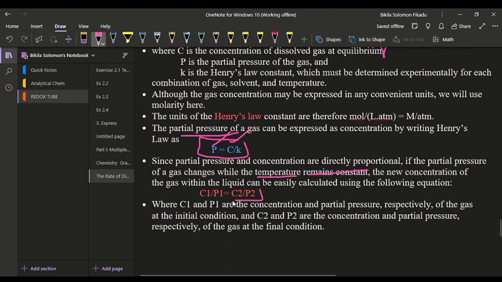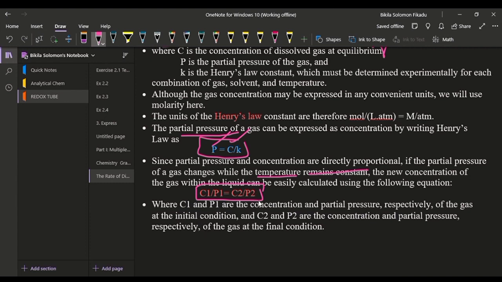That means this formula kana ta'a jechuudha. C1 means concentration 1 divided by what? Partial pressure 1 equal to concentration 2 over partial pressure 2 jedhameetu qodama jechuudha. So whereas C1 is what? Concentration, and C1 and P1 are concentration and the partial pressure respectively.